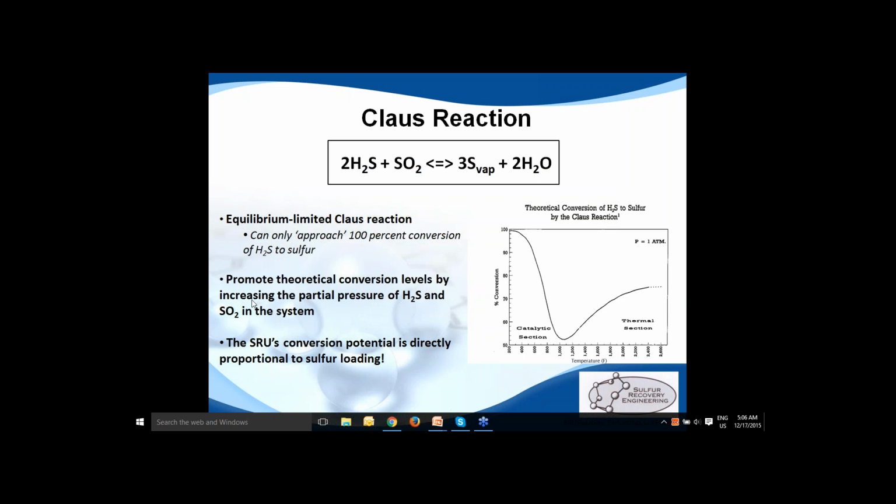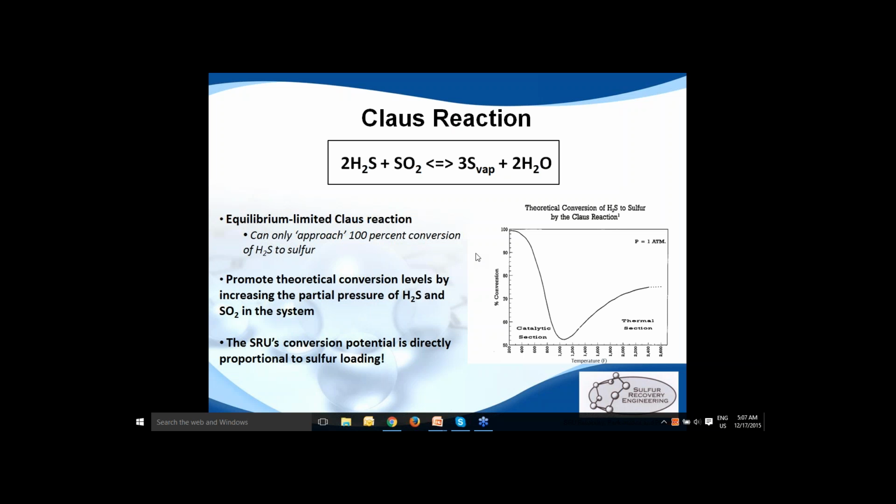And before we move over to the next slide and start focusing on some of these challenges, the first point mentioned that, with respect to the equilibrium limited Claus reaction in this case, we can only approach 100% conversion.